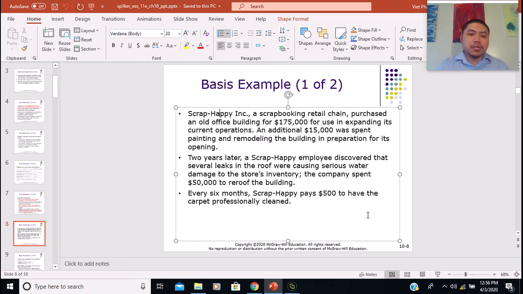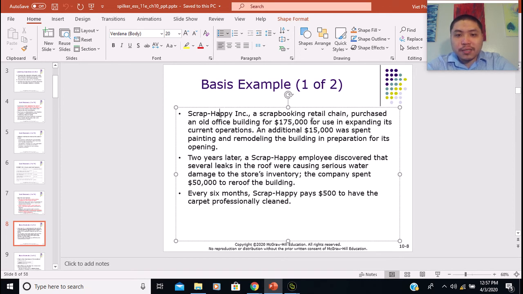Alright, so the question for this problem is to calculate the tax basis for the building that this company purchased, right? So we know that the initial cost of the building was $175,000, right?